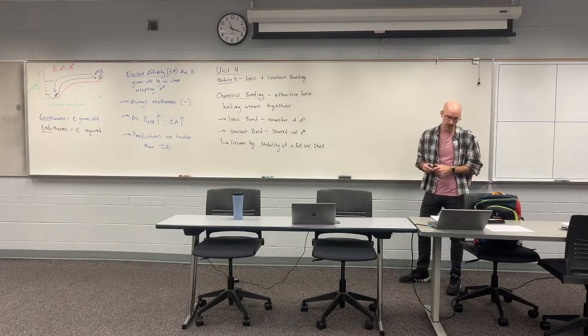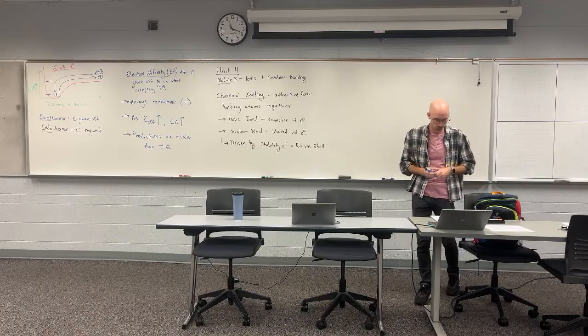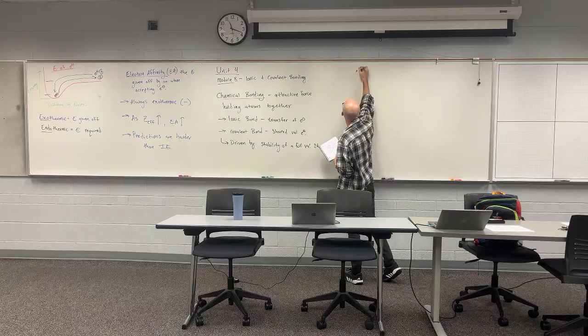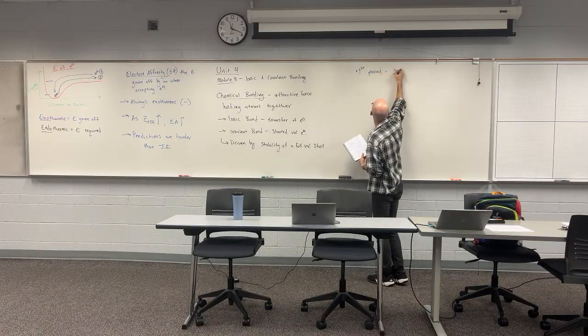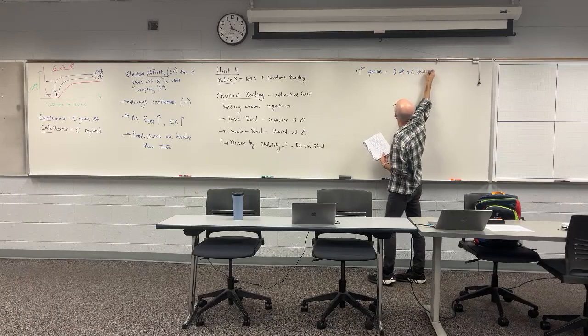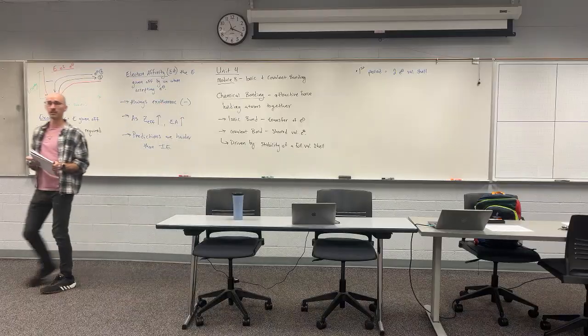Okay, so when we talk about valence shells, there's 2 main families. The first period wants 2 electrons in its valence shell. So helium just wants 2 electrons.